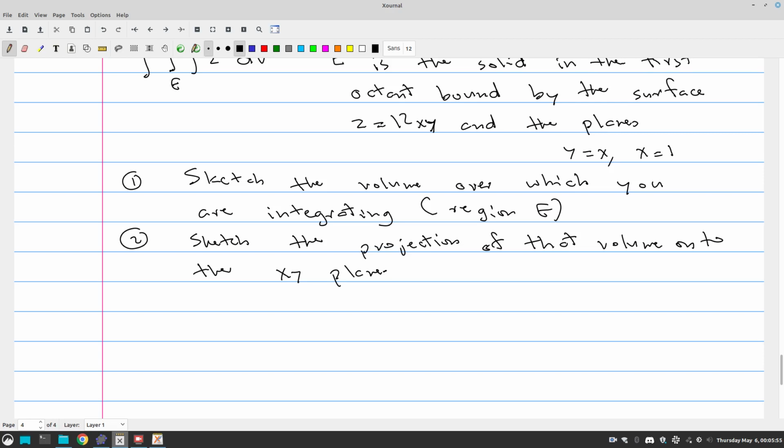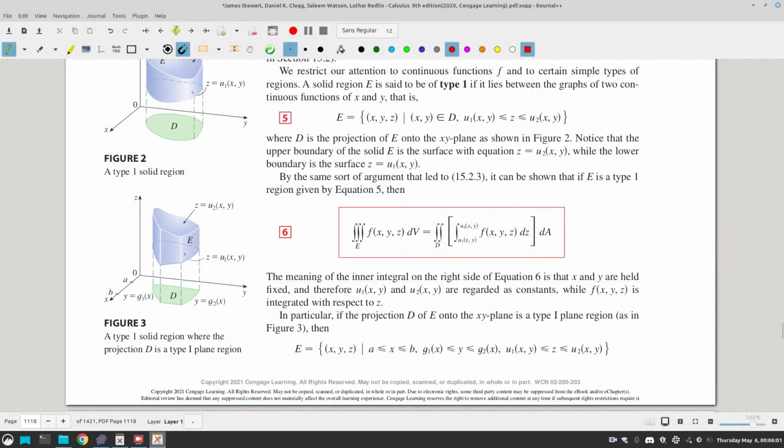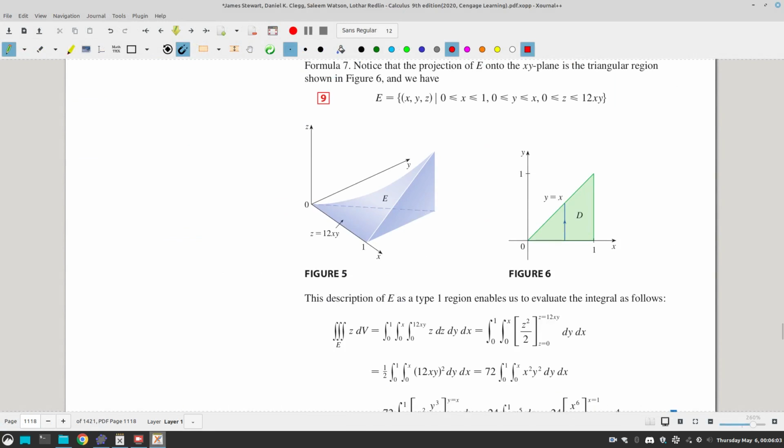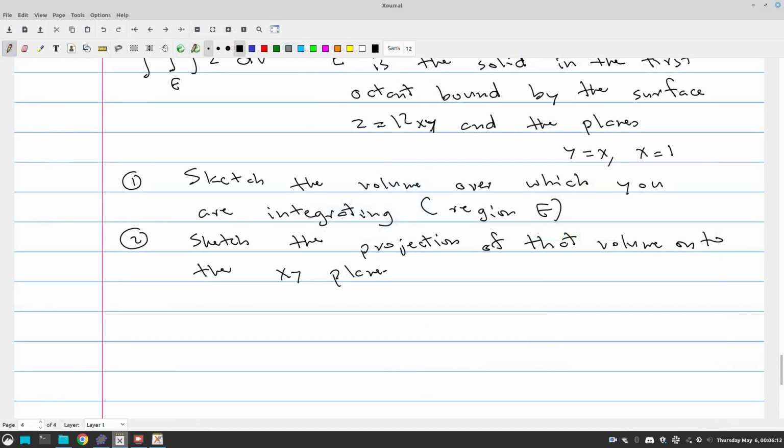Now this is of course when you're dealing with type 1 surfaces. So let's have a look at this type 1 surface. The sketch is actually done for you. For this, of course, you will need some form of graphing software, at least for part 1.